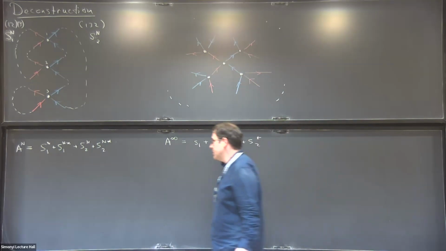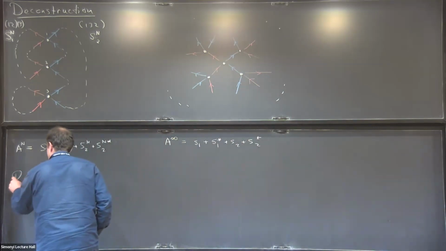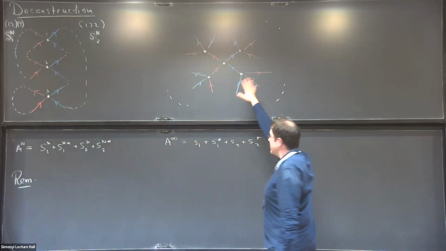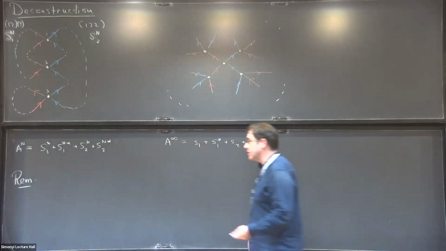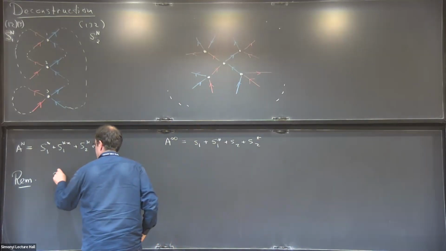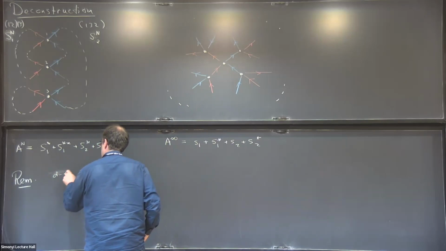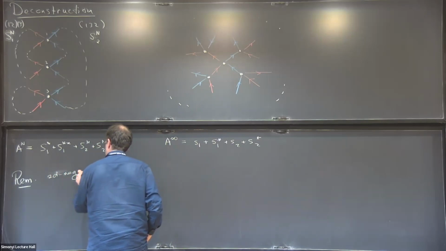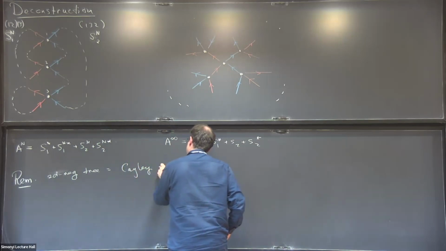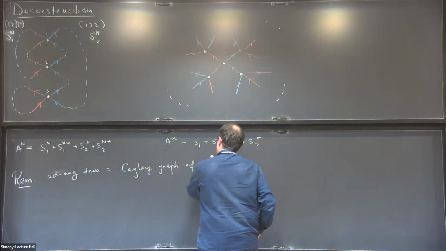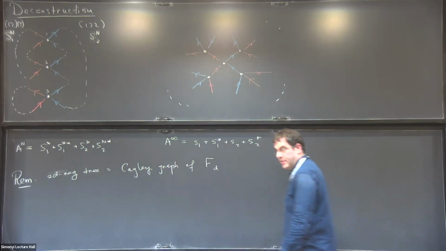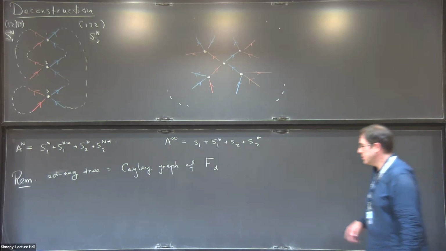But just a remark, I'm trying to stay elementary, but these constructions I'm doing over here are extremely natural group theoretic constructions. If you think of this as the infinite tree, the 2D regular tree is the Cayley graph of the free group on D generators.